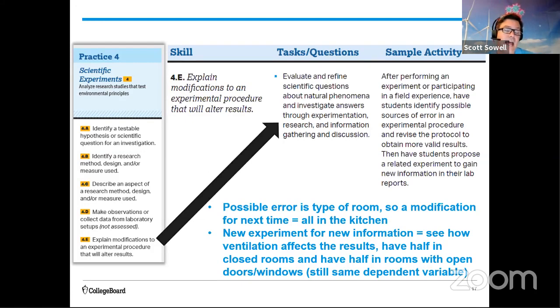Or I might have a whole new idea, maybe about ventilation. So I could do a very different type of change to my method to see how ventilation affects the results. I could have some in an open room with lots of ventilation and some in a closed room. But even with that modification, the dependent variable is still the same. The goal is still the same, to determine the effect on the amount of particulate matter pollution.